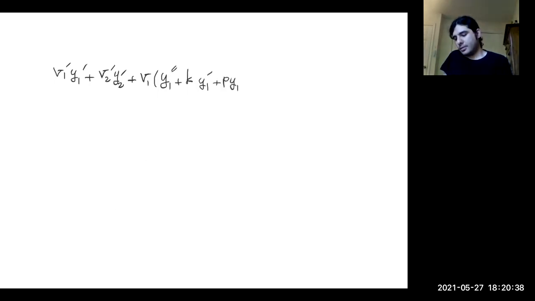The equation we would get is this one. Let me just write it down. v1 prime y1 prime plus v2 prime y2 prime plus v1 times (y1 second derivative plus k y1 prime plus p y1) plus v2 times (y2 second derivative plus k y2 prime plus p y2) equals f.